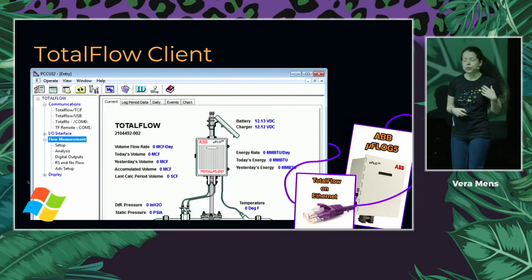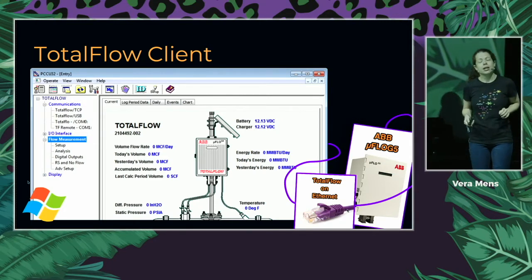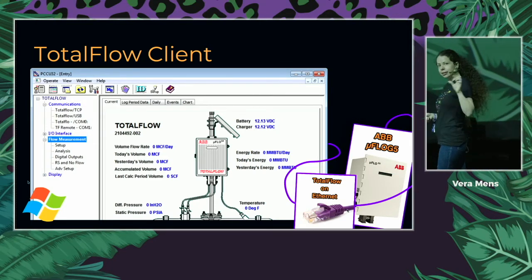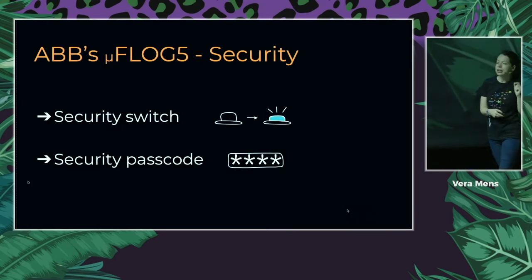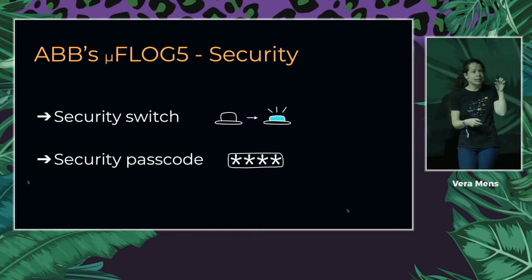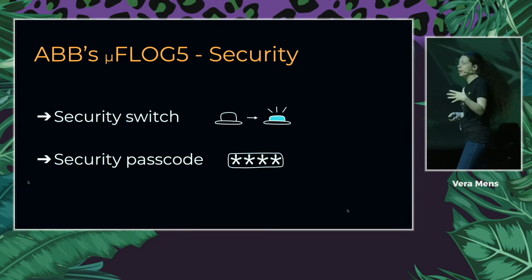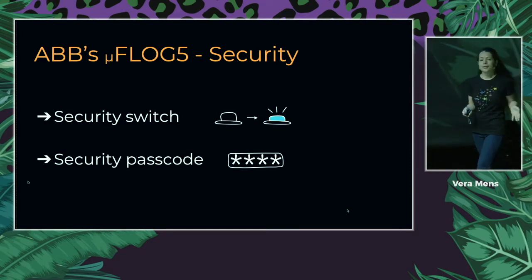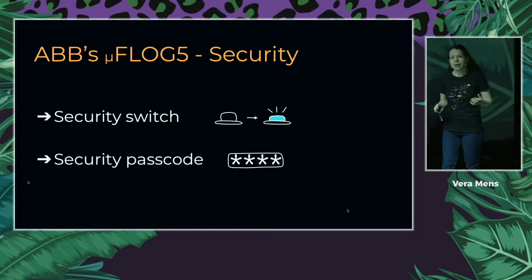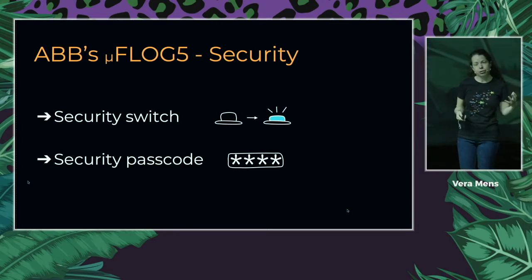There are two main security features implemented within the device. We have our security switch that is mounted on the PCB itself. It's a button that we can touch, and it enables or disables the security passcode. The security passcode is a 4-digit number that is sent with every TOTALFLOW payload.